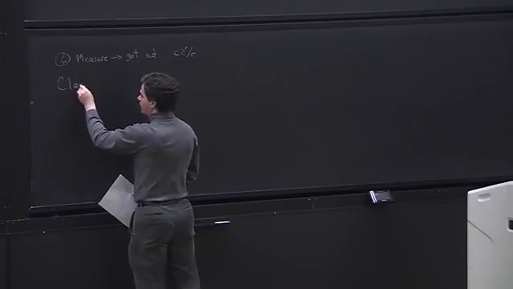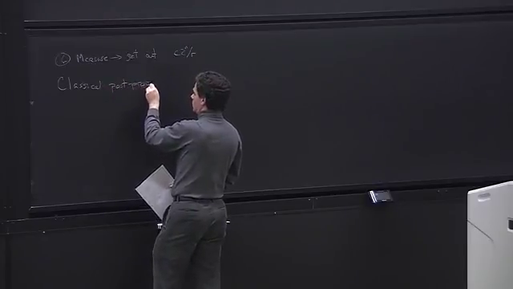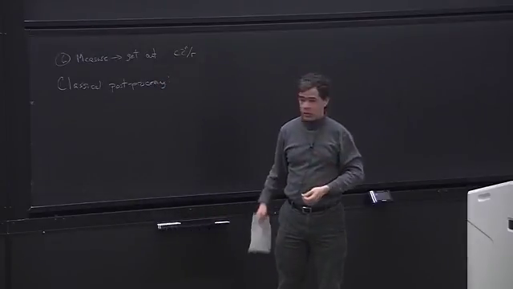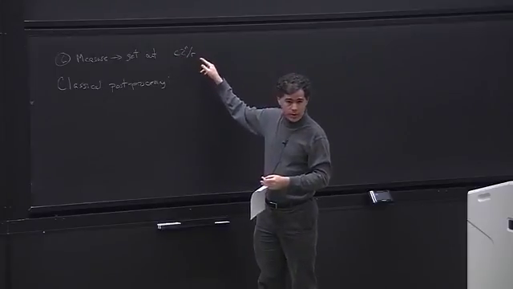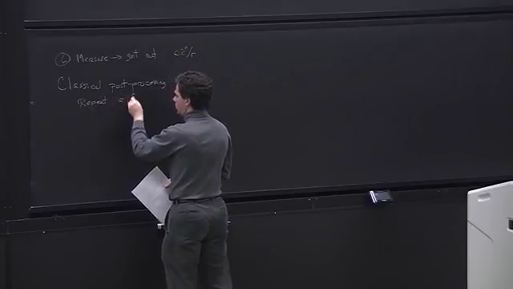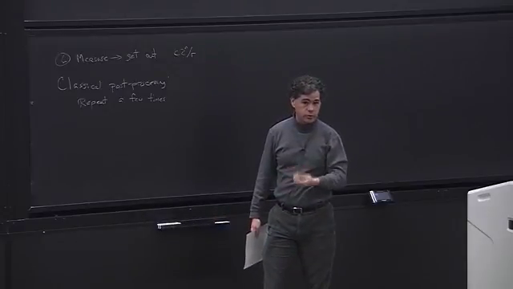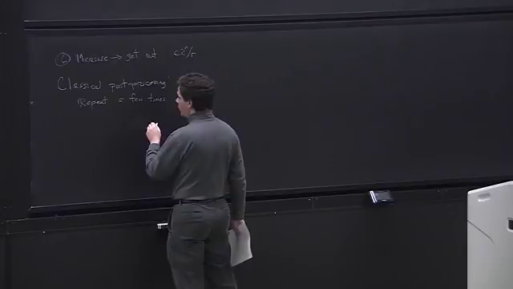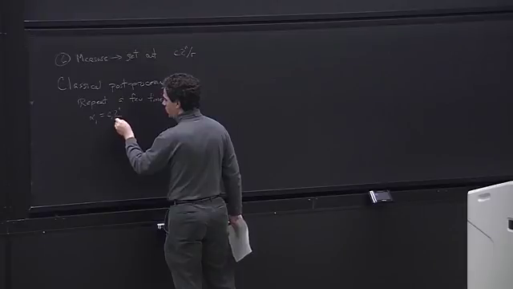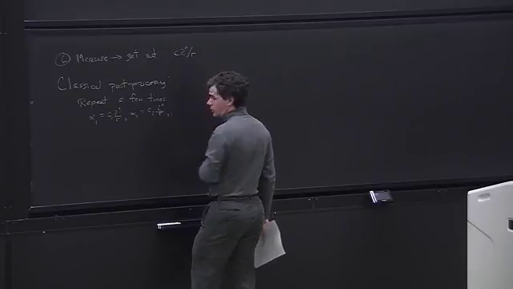So the classical post-processing is to do this a couple of times. Because we have some multiple of 2 to the n over r, not exactly 2 to the n over r. And now we have different multiples of 2 to the n over r. So alpha 1 is equal to c1 times 2 to the n over r, alpha 2 is equal to c2 times 2 to the n over r, and so on.